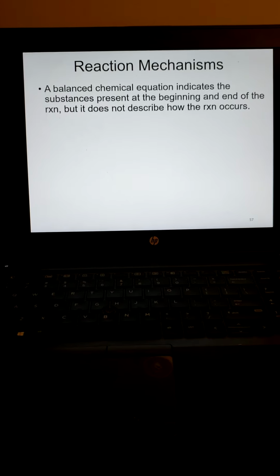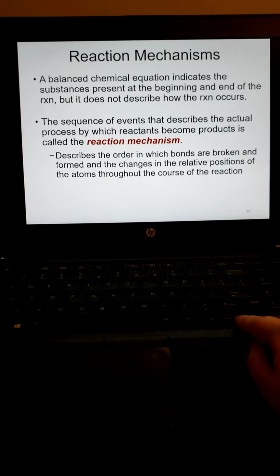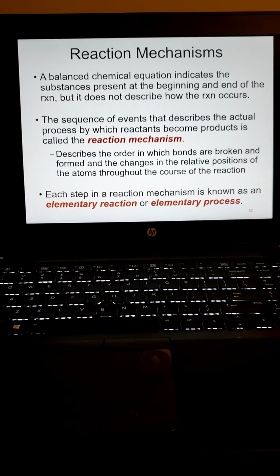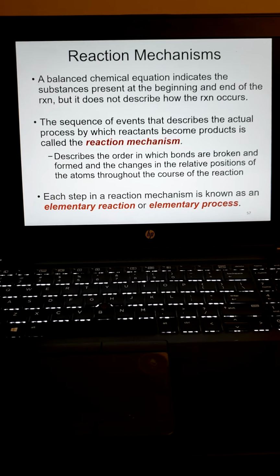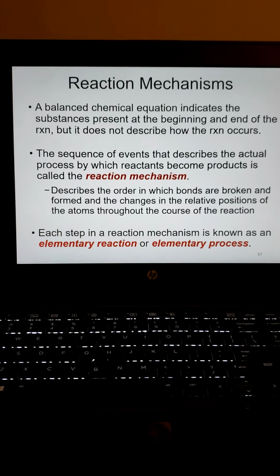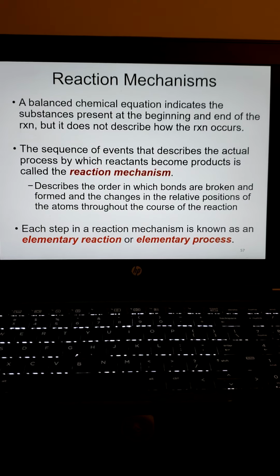Because the mechanism explains how bonds are broken, how we get these intermediate compounds that may be formed, and none of this appears. Intermediates, none of these things appear in the final balanced chemical equation. So basically, the problem is you can't assume that the reaction you're looking at is an elementary reaction. If it is an elementary reaction, then the coefficients are the exponents.